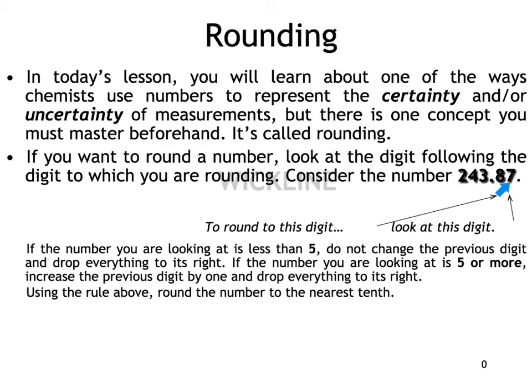In this case, it's a 7. And the rule is basically that if this number is the number 5, or if it's higher than the number 5, then we go back to this 8, and the 8 will jump up a digit. So since this is a 7, I'm going to have to jump this 8 up a digit. So that's going to be read as 243.9.